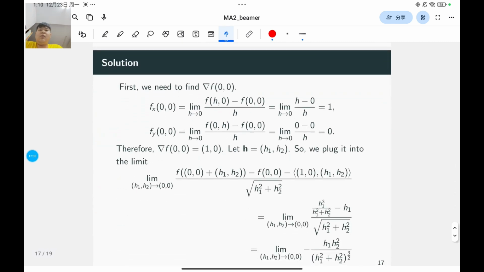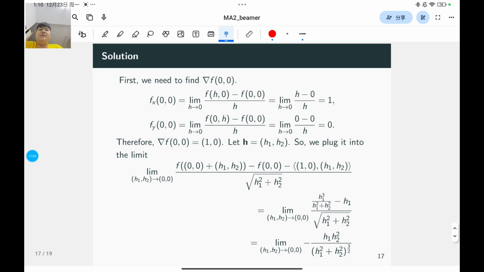First, we need to find the partial x and partial y at (0, 0). We find the partial derivatives exist and they are 1 and 0. Then we let h be a vector (h1, h2), plug it into the limit and see what the limit is. After some computation, we get this.